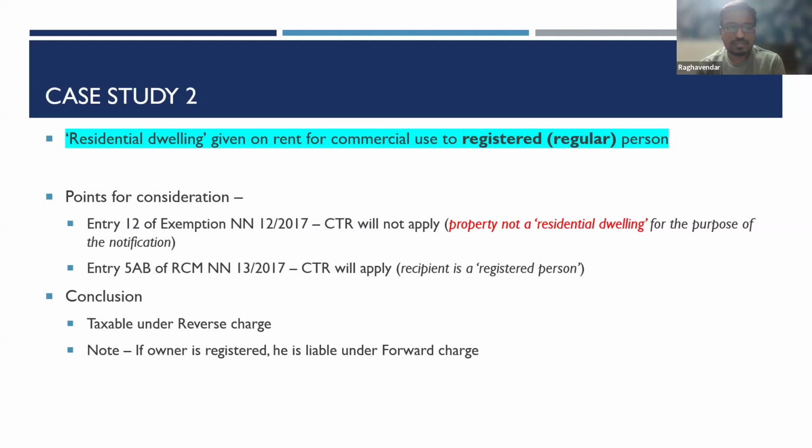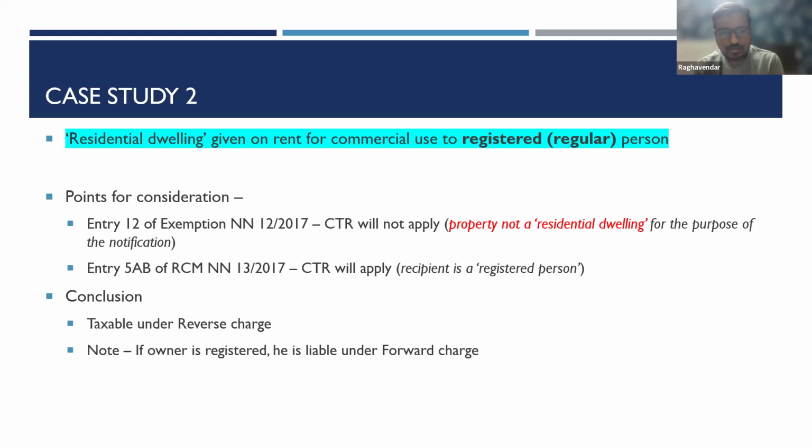So this is just an expansion of the case study seen now. Case study 2: residential dwelling given on rent for commercial use to a regular registered person, meaning a normal GST registered person.